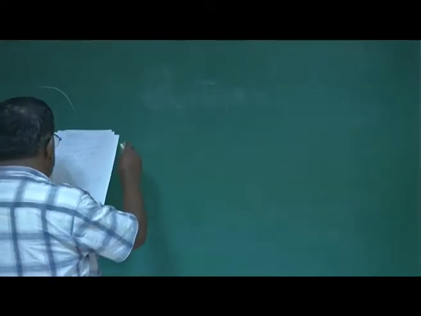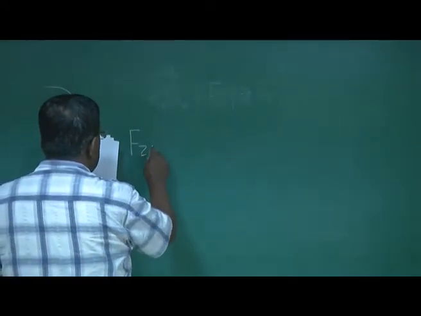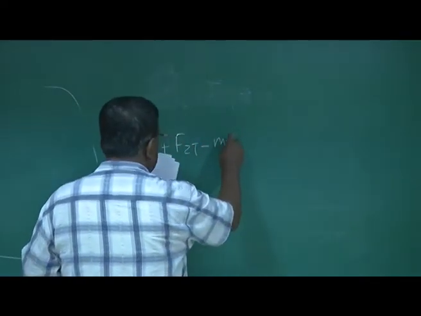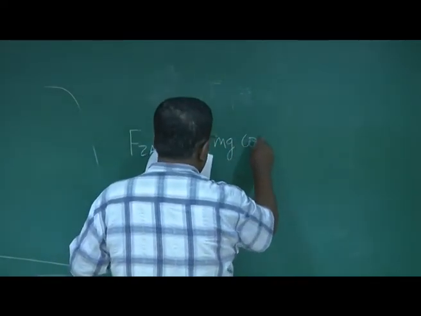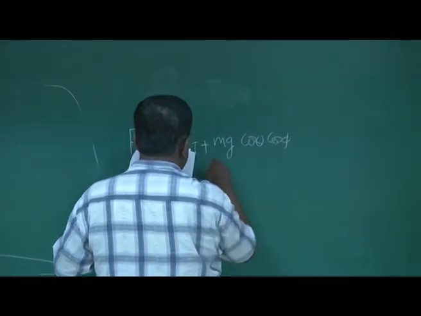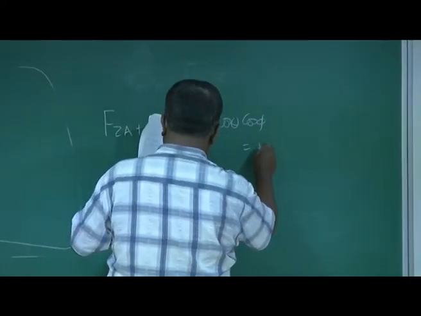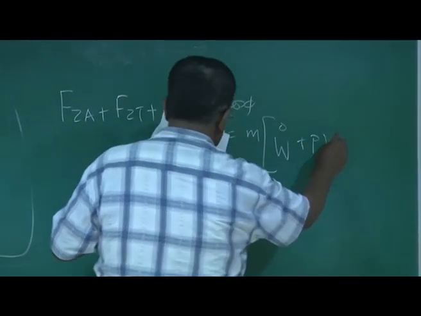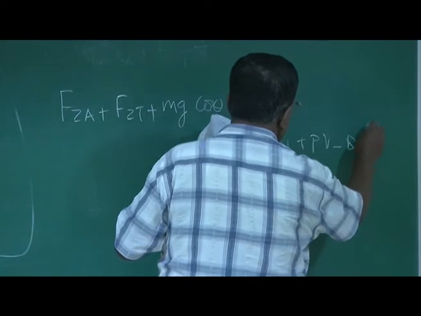Let us see the other equation, that is FZA plus FZT minus mg cos theta cos phi will be equal to m times W dot plus PV minus QU.